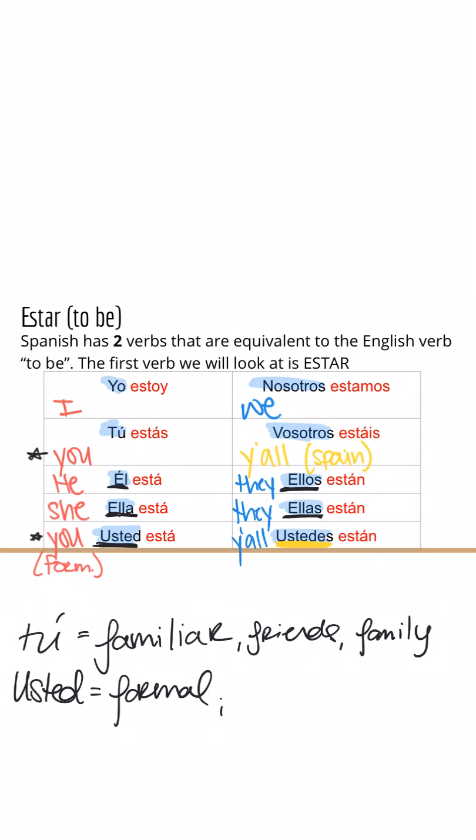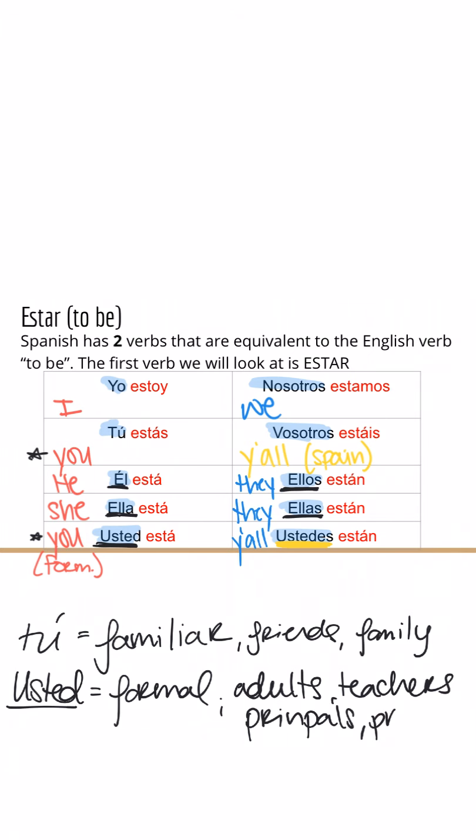You'll use this when speaking to adults, at least ones that you don't know. Teachers. So if you were meeting me for the first time, if you wanted to be respectful, you would use the usted form. And you would also use it for things or people like principals, professionals, etc. Okay, but among your friends, you're going to use tú.